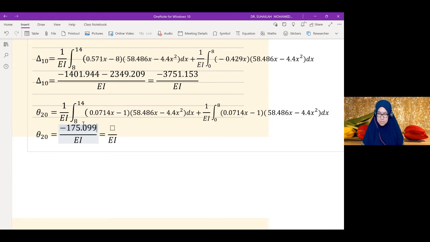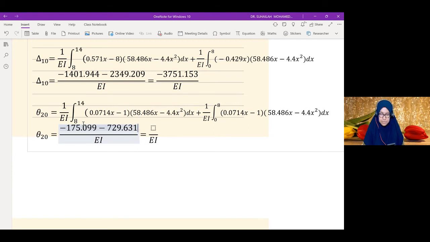And the second one is (0.0714x minus 1)(58.486x minus 4.4x squared) from 0 to 8. We minus by 729.631.